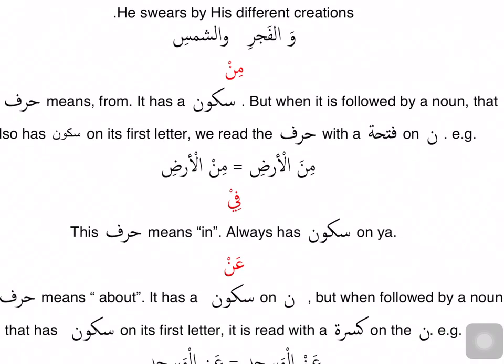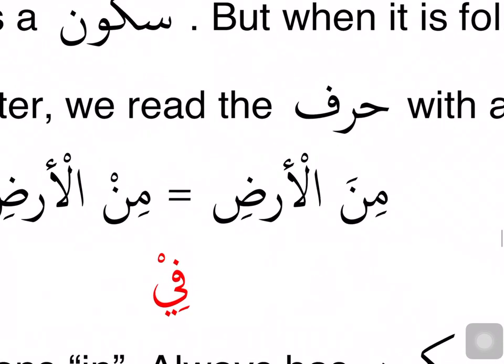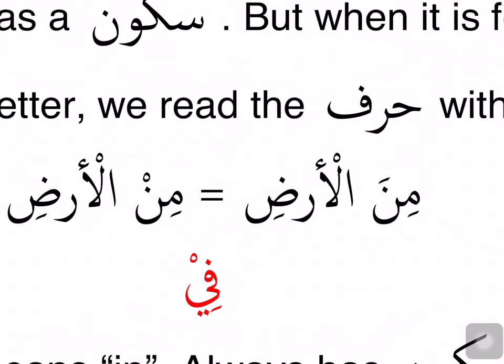The next harf of jar is min. So normally, if you just look at the harf of jar, you will see a sukoon on the noon, min. What is going to happen is, if the ism majroor, what is ism majroor? It is the noun after the harf of jar. If the ism majroor has lam at-ta'arif, what is lam at-ta'arif?